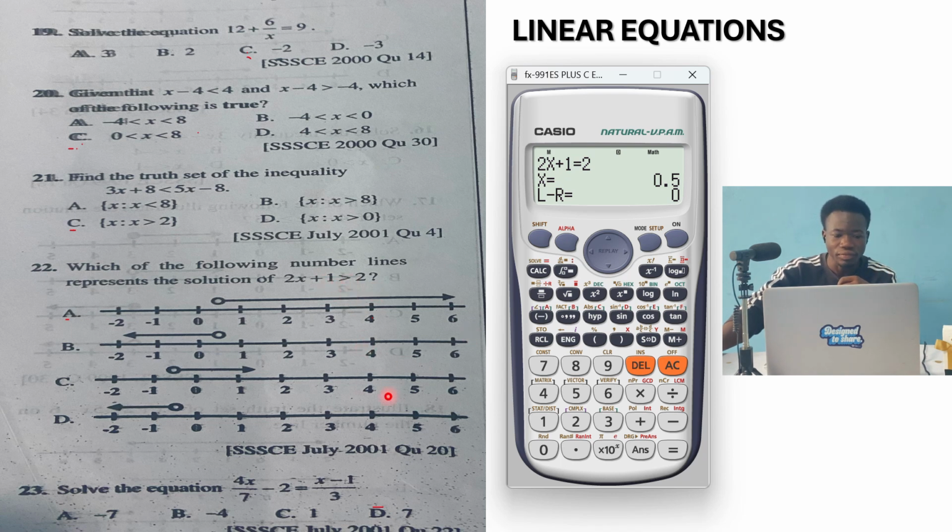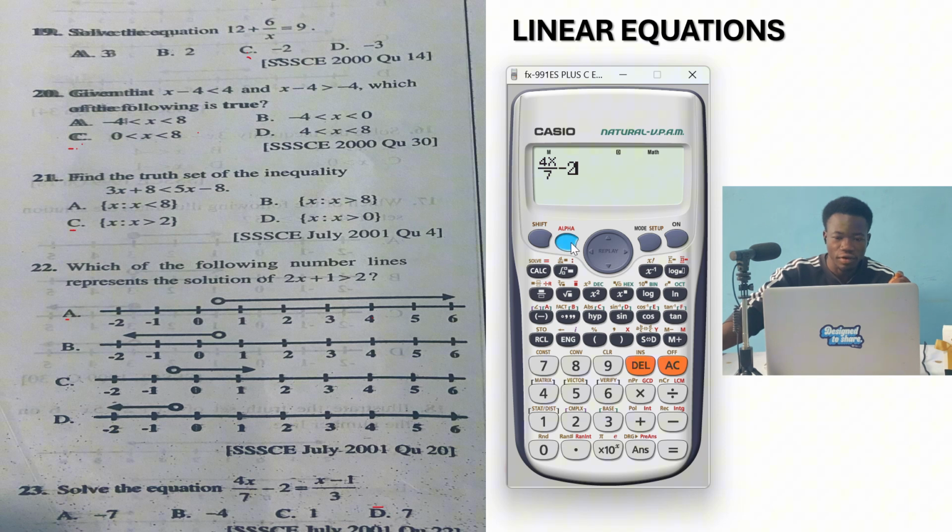All right. Now the last question, which is solve the equation 4x over 7 minus 2 is equal to x minus 1. So this one is not greater than or equal to. It's just straight away an equation. We'll put it that way. So we have your fraction, type 4x alpha x over 7 minus 2 equal.